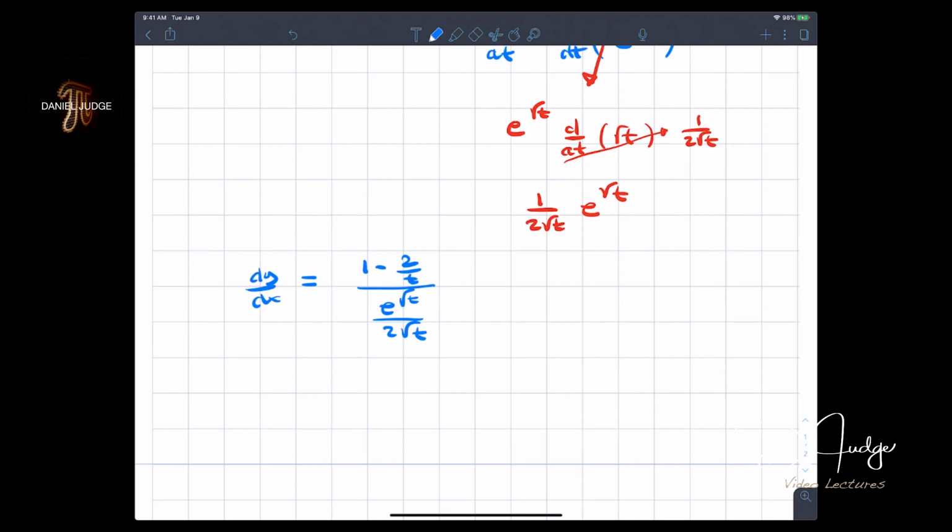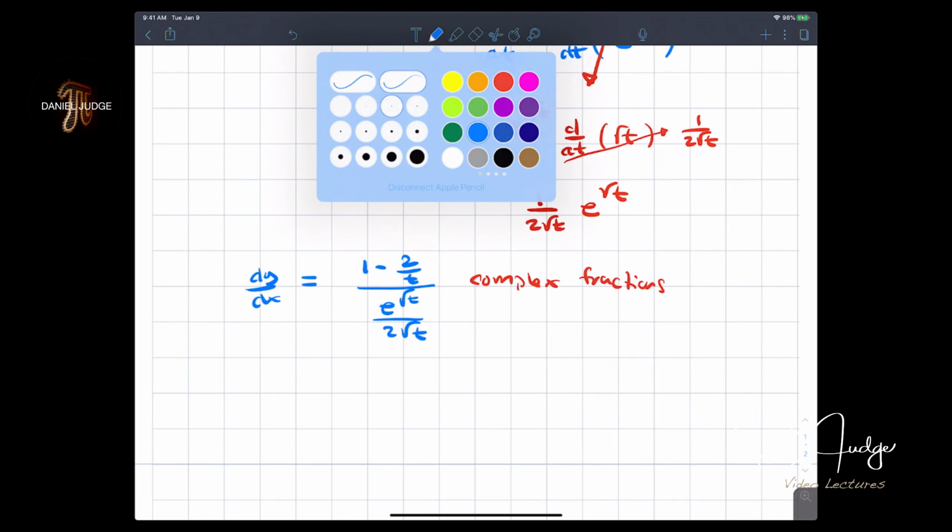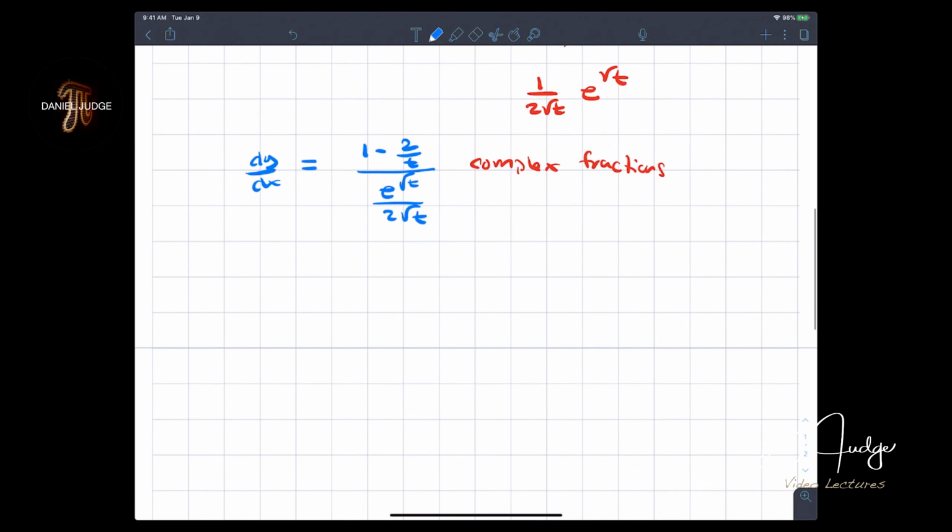Okay, so this is the derivative, but you have a complex fraction, right? And you say, what do I do with complex fractions? Well, you got to simplify, do some algebra. So when I simplify this, I'm going to replace this 1 with t over t, and that's minus 2 over t.